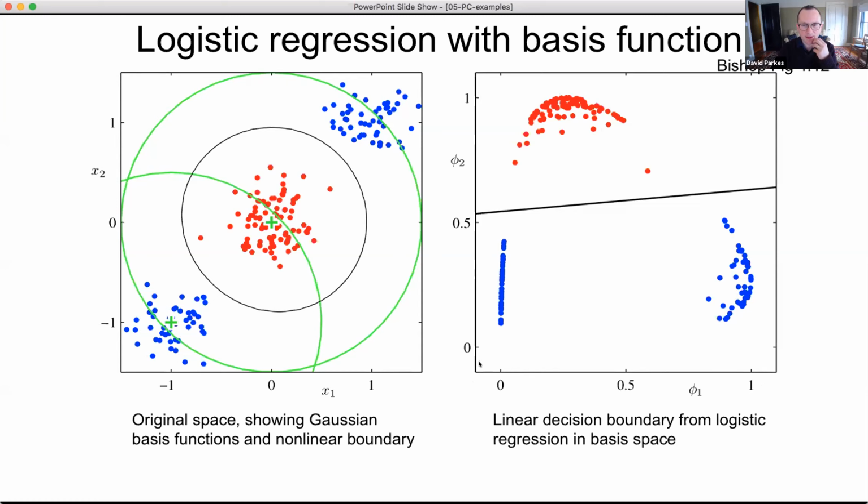And in the second dimension in the basis space, which is given by a Gaussian whose mean is here, the red points have very high probability mass, and the blue points both have low probability mass. And so this becomes linearly separable in the new two-dimensional space. And then this black line is showing you the projection of that back down into the original space. Okay, so again, you can do the basis trick with these linear discriminants and still manage to classify data that looks like that.